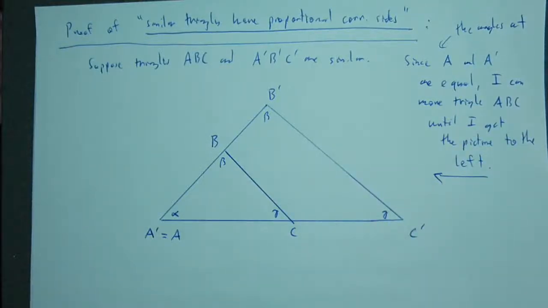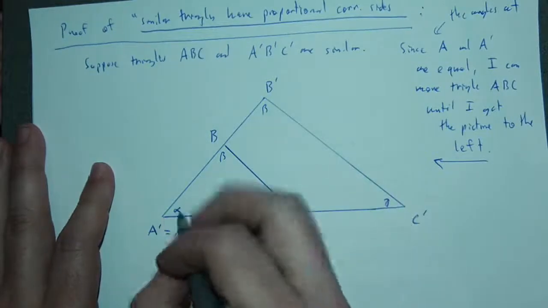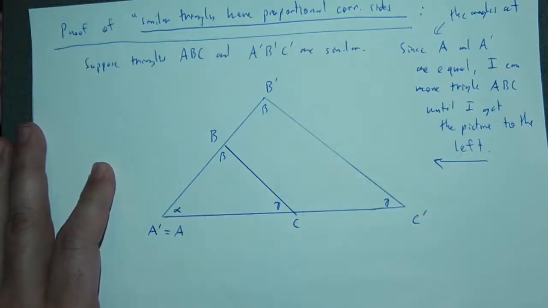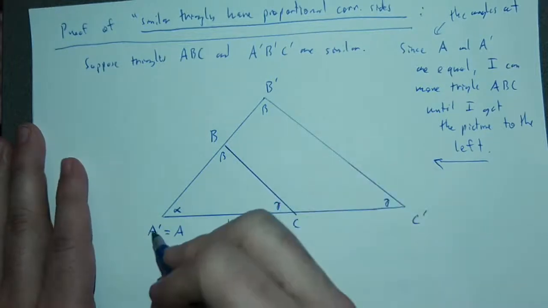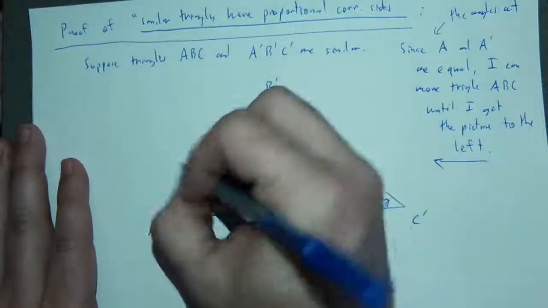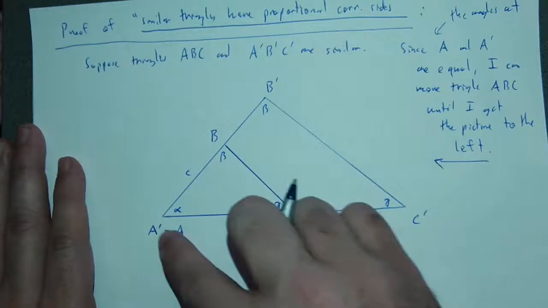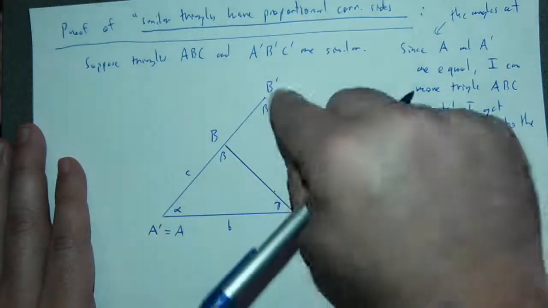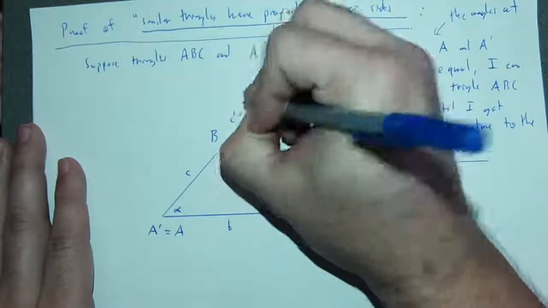All right, so then, if I call the length from A to C B, and I call the length from A to B C, then correspondingly the length from A prime to B prime would be C prime. So then this little piece would be C prime minus C.